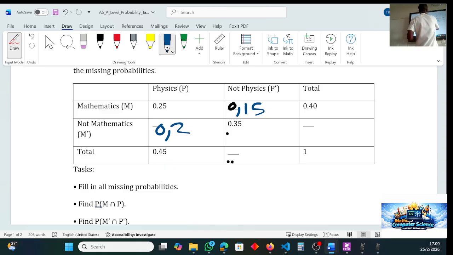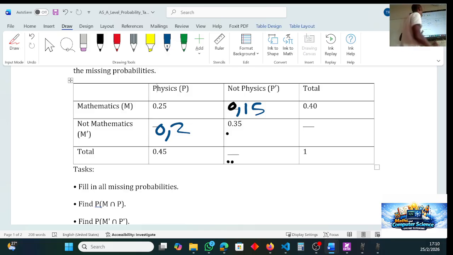Now, if I add 0.25 and 0.15, the result is 0.4, but the problem below has 0.2, 0.35. It looks like our table has an error. Let me try another table below because our numbers are not balancing.